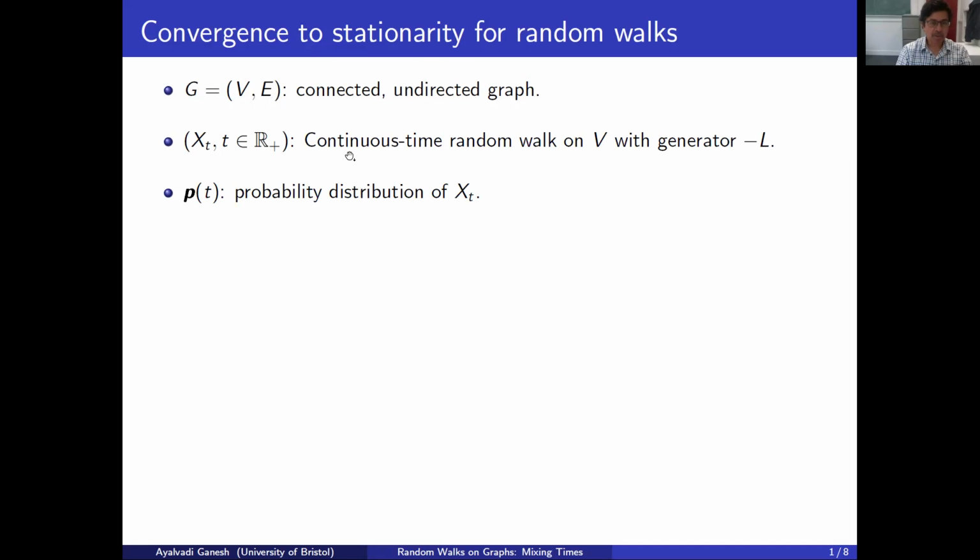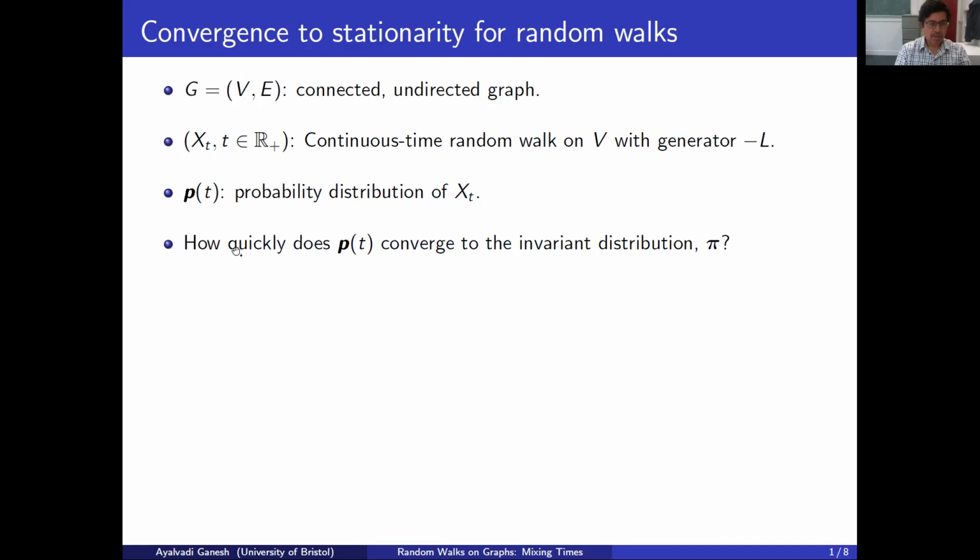This Markov process is going to be the continuous time random walk on V, whose infinitesimal generator is minus the Laplacian of the graph. And we are going to denote by boldface P(t) the probability distribution of X_t, so the random position of the random walk at time t, the distribution of that position.